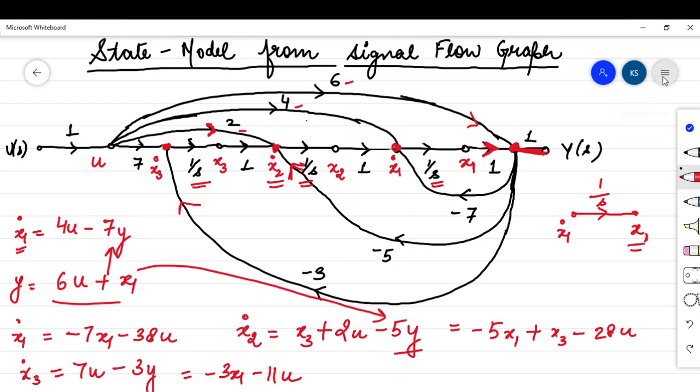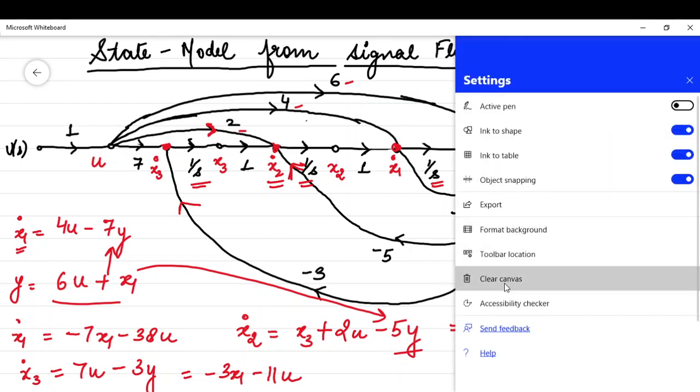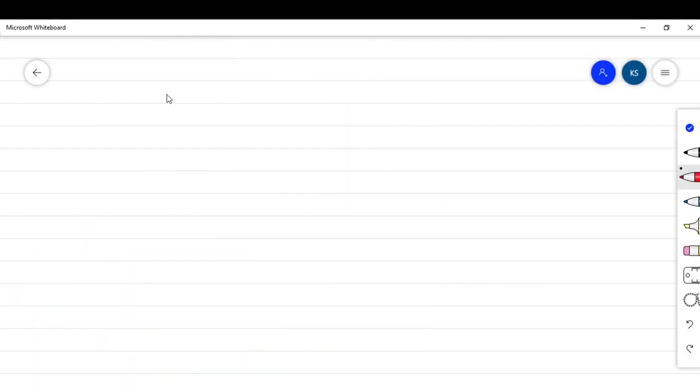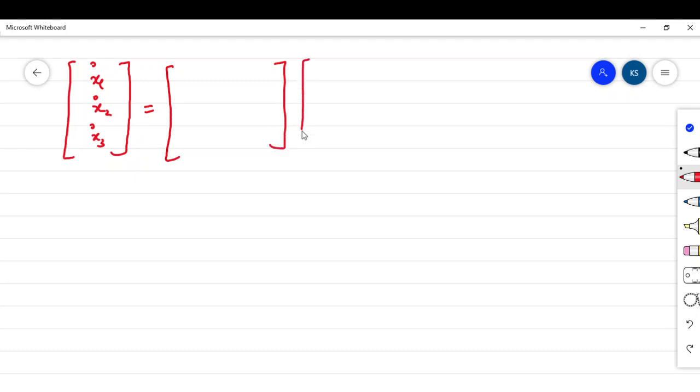Now formulating all the three equations in matrix form, we can write x1 dot, x2 dot and here x3 dot. Now you have to enter the elements of the input matrices and then enter the elements of output matrices.